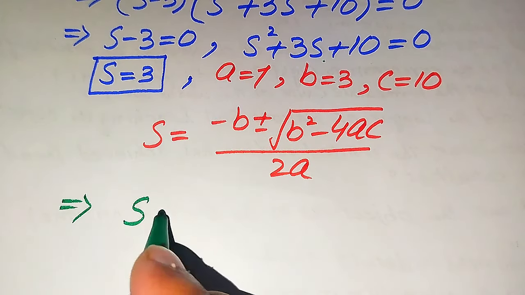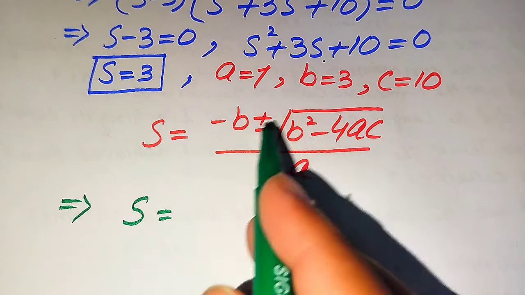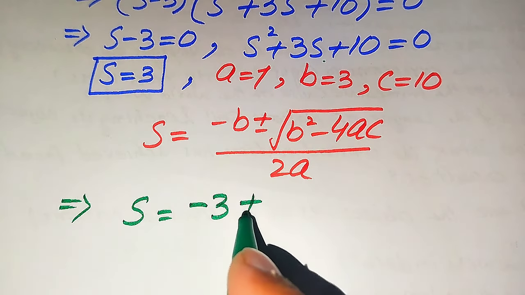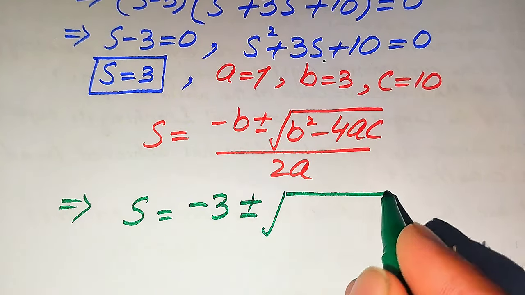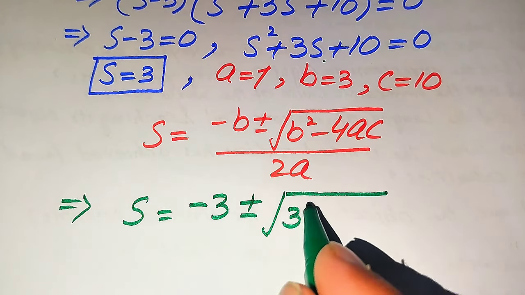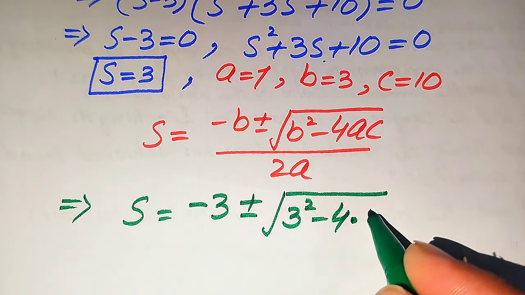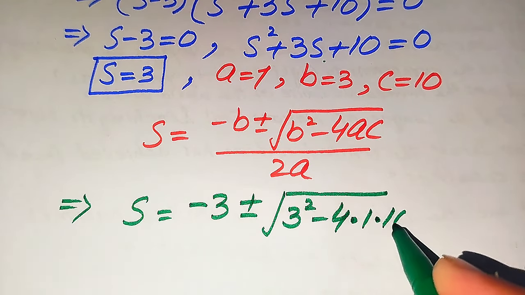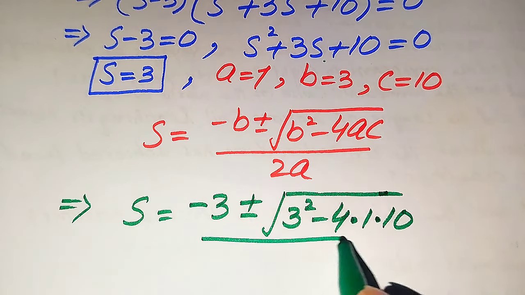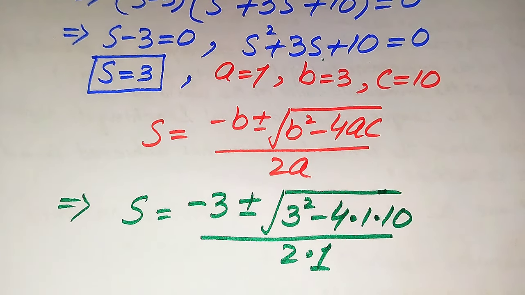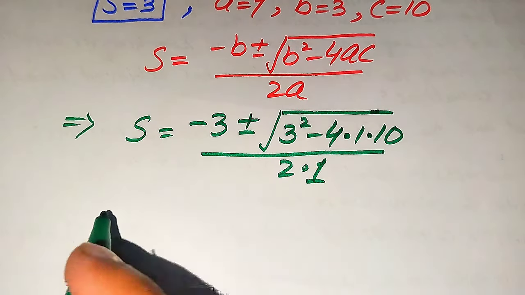So when we put the value of b, that is 3, it becomes minus 3 plus minus square root of b square. So b becomes 3 square, minus 4 times a is 1 and c is 10, and it is divided by 2 times a. So here our a is equal to 1.